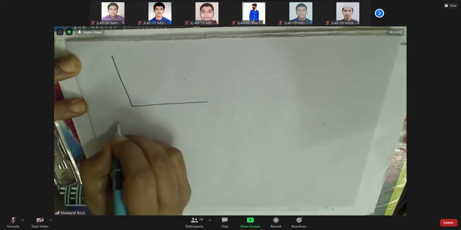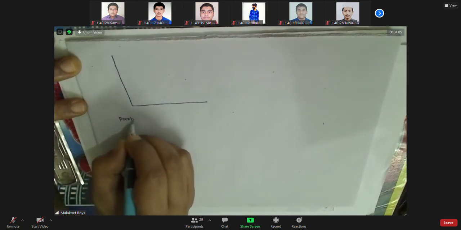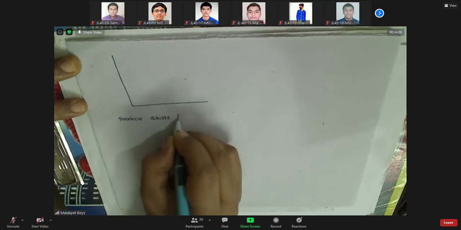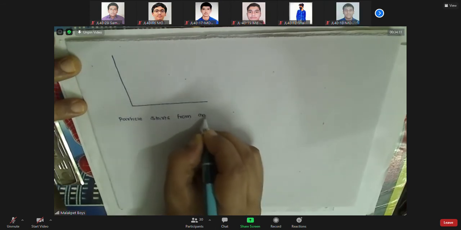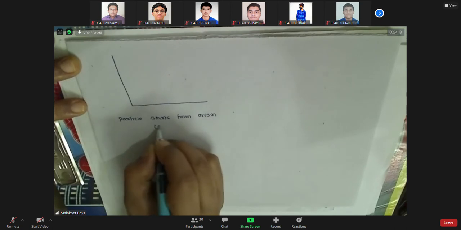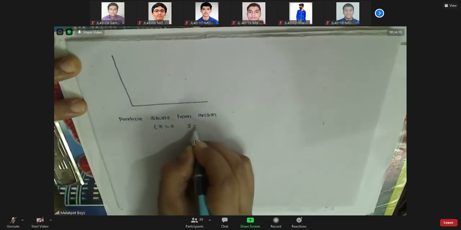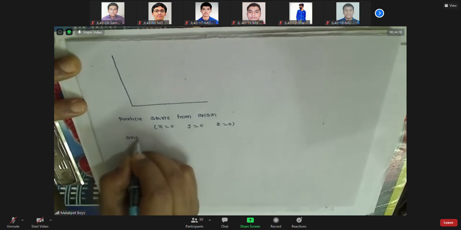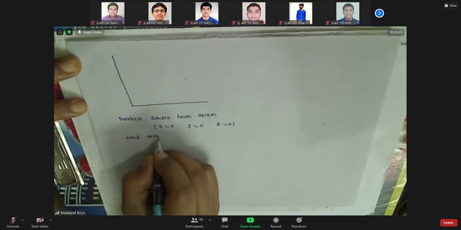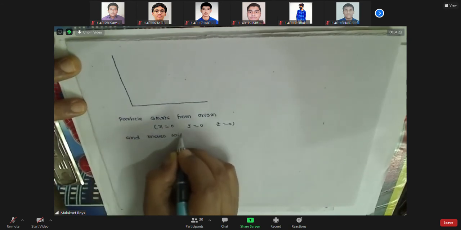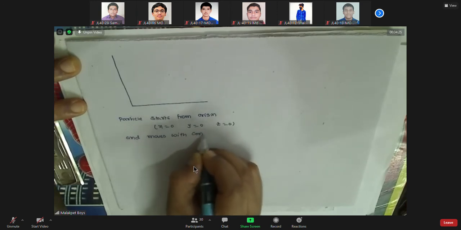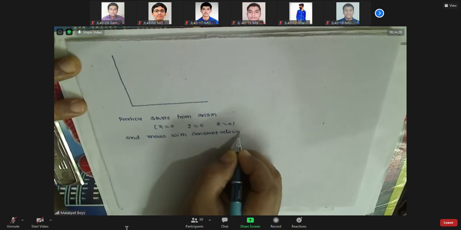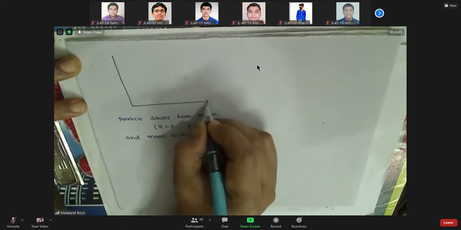See here, the particle starts from origin. Origin means x is 0, y is 0, z is 0, and this is t.